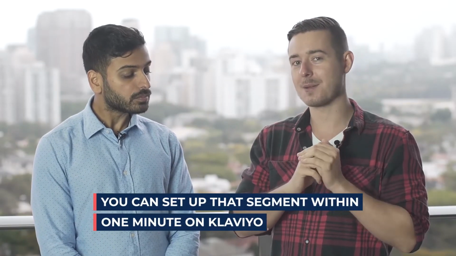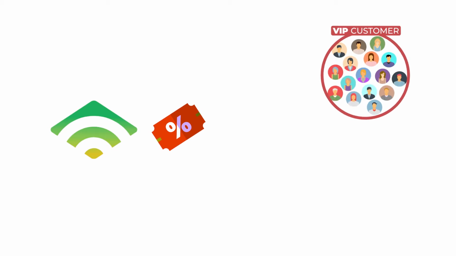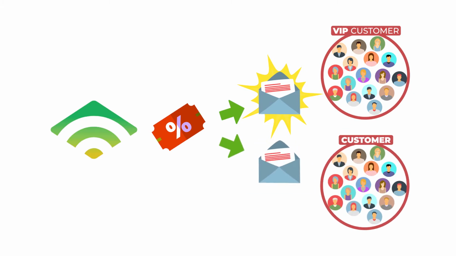You can set up that segment within 1 minute on Klaviyo and send that email out. If you want different segments for promos, send your VIP customers who have bought 2 or more times a special deal, and then send a different deal to the people who have never bought. You can do that easily on Klaviyo.